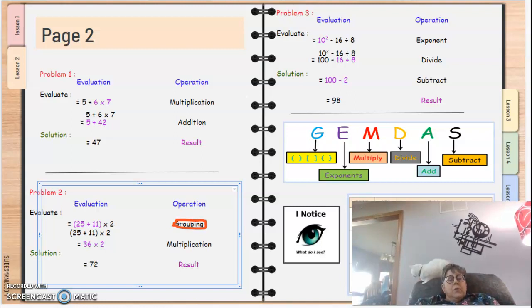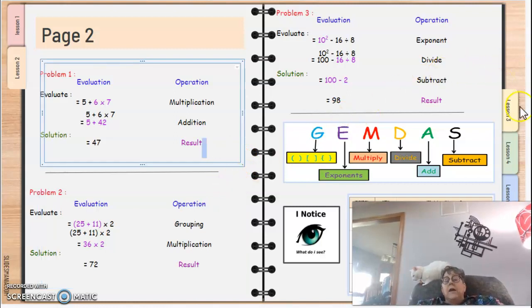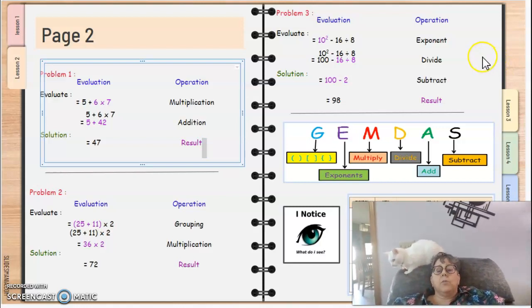Once we do our grouping, we get 36. Then we can take care of our multiplication. If you had done the multiplication first, without taking care of the parentheses, you would have gotten an incorrect answer. That's what order of operations is all about. There's an order that we need to take when we solve any kind of equation or expression, and the order is dictated by mathematical principles.